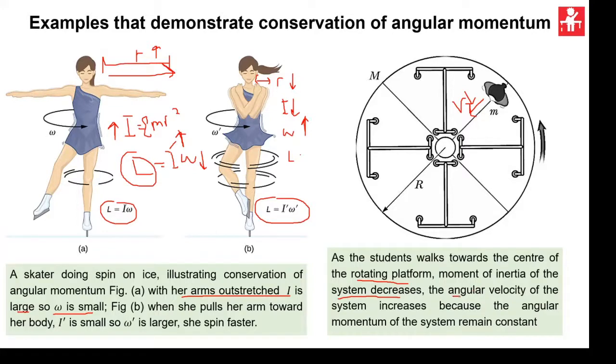The angular velocity of the system would increase, because we want the value of L to always remain constant. Again, when one part decreases, the other must increase. So when the moment of inertia decreases, the angular velocity must increase so that the angular momentum remains constant.